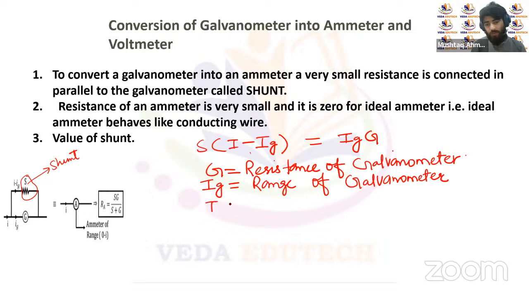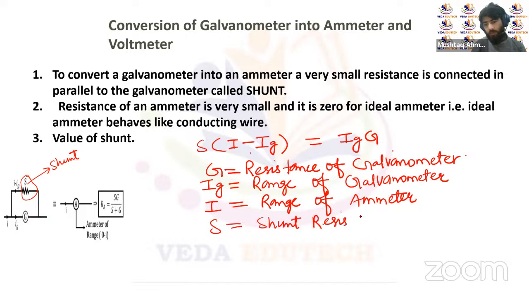It's the range of the ammeter, right? And this S is the shunt resistance, right? So we can write this shunt like this.